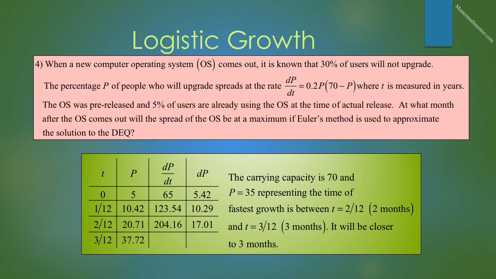We continue this down for 4 rows, and we see that when P gets to 37.72, we know that it must have passed 35. So we find that the time of fastest growth must be between 2 months and 3 months. It appears it'll be closer to 3 months.